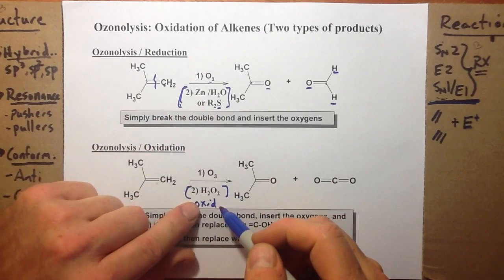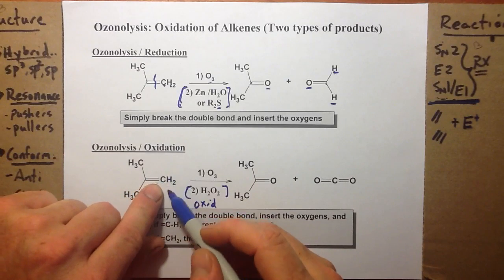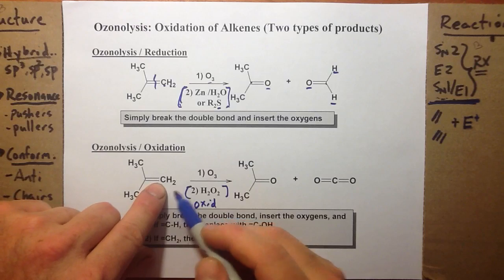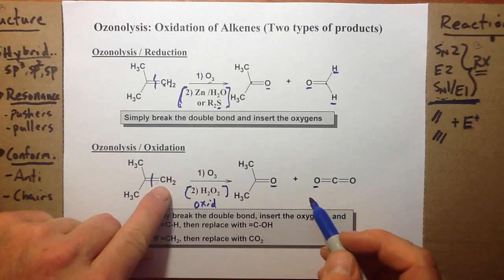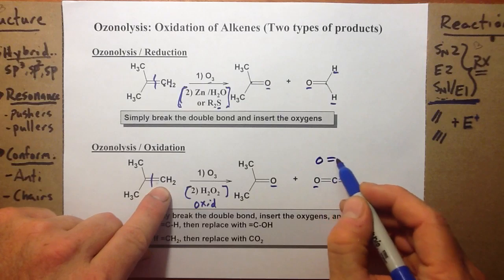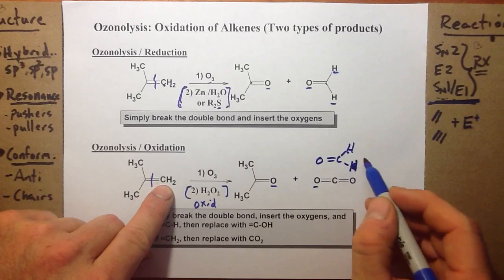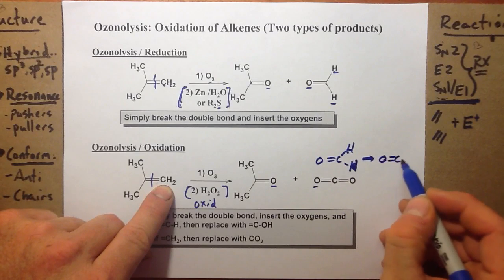If we have oxidative workup, you just need to recognize that the carbon-hydrogen bonds involving carbons in that original double bond go to OH groups. So we still split, we still put oxygens in their place, but instead of drawing this as our product, where we have two H's there, this goes to two OH's.